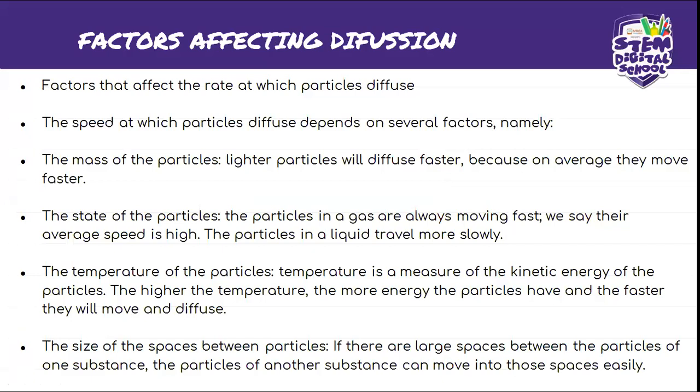So we said factors that affect the rate at which the particles diffuse. One, the speed at which particles diffuse depends on several factors, namely the mass of the particles. Lighter particles will diffuse faster because on average they move faster.